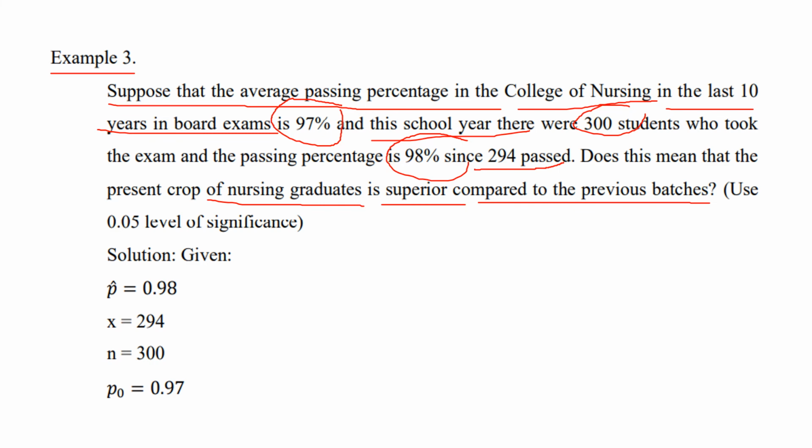Use a 0.05 level of significance for us to compare these values. So given, your p-hat is 0.98, your x is 294, your n is 300, and your p-sub-o, your hypothesized population proportion, is equal to 0.97.